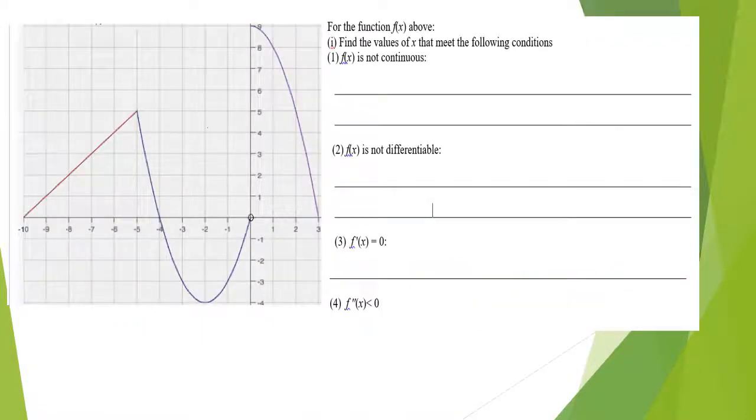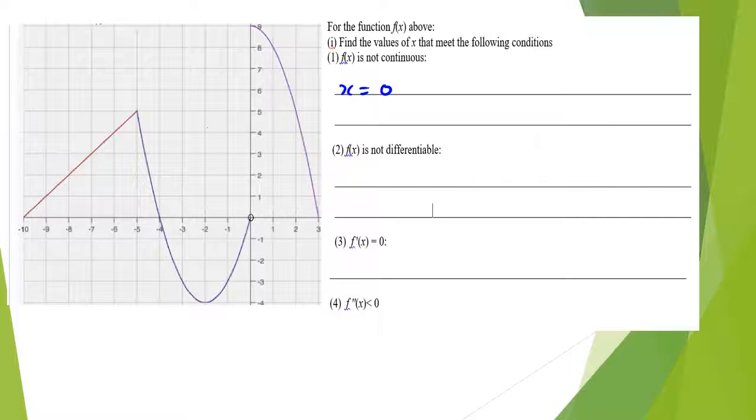Now the next question is answering those types of questions, analyzing a function graph. The first one says find the x values for which f(x) is not continuous. Not continuous is this bit here. Can you see that ring, the empty circle? So when x is equal to 0. The next one is not differentiable.